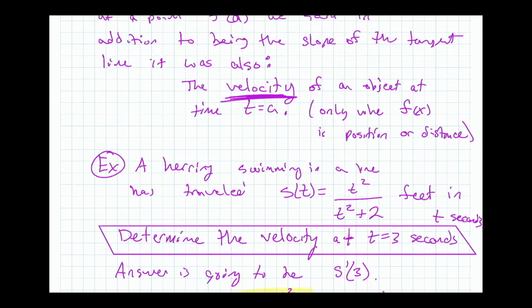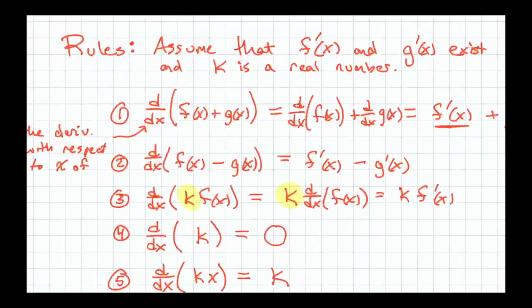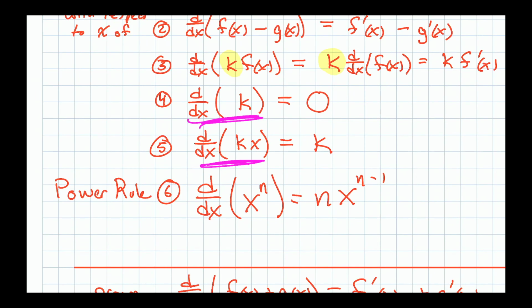We learned how to do derivatives when we were adding functions, when we were subtracting functions, when we had a constant multiplied by a function, the derivative of a constant, the derivative of a constant times x, or the derivative of x to the n power.